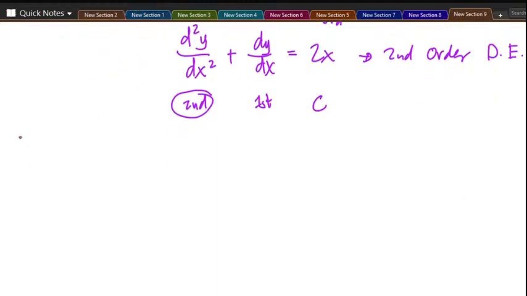Okay, now we go to the degree of the differential equation.